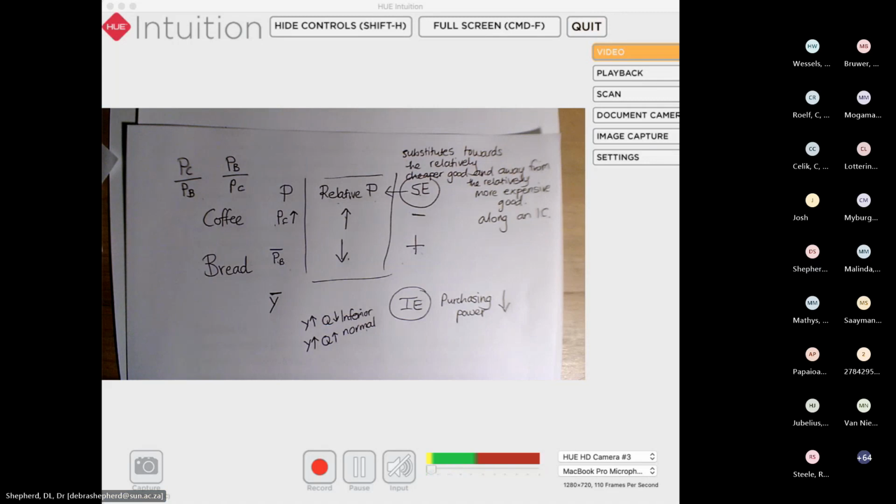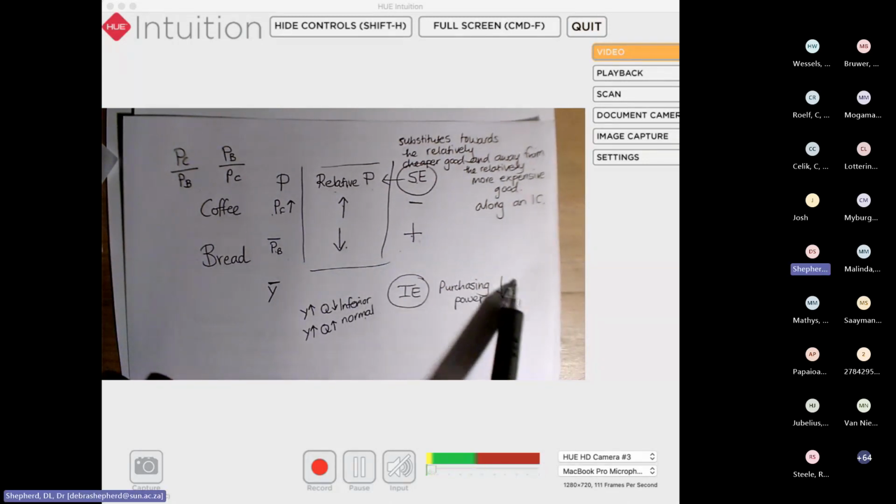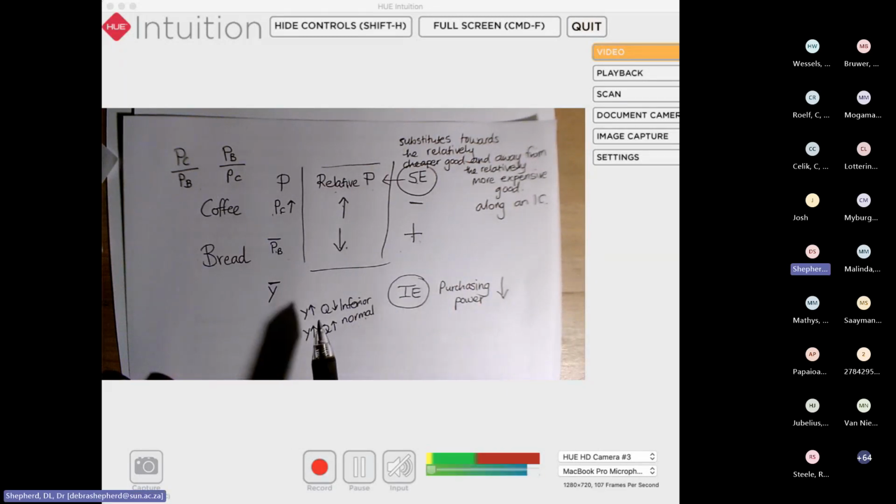Okay? So thinking about it like this, if I have less purchasing power, I'm going to buy fewer normal goods, because remember, if income goes up, quantity goes up if it's normal, which means if income goes down, quantity goes down if it's normal.